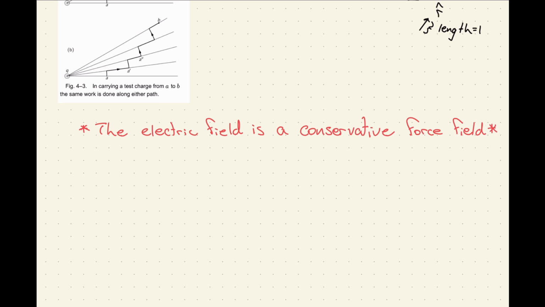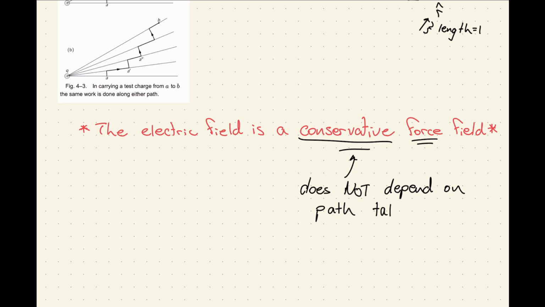Well, it is very, very important, but for the purposes of this video, the main word that is important is this conservative. So when a force is conservative in physics, it just means that it does not depend on path taken.